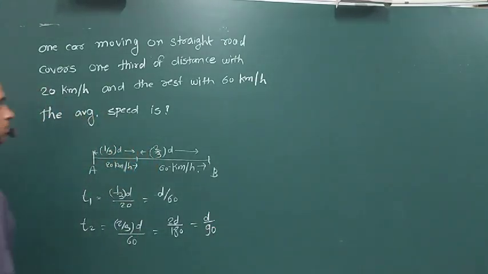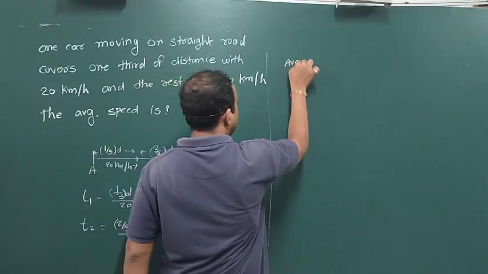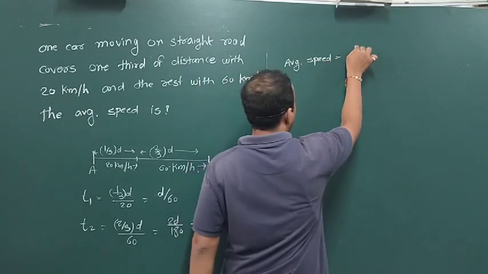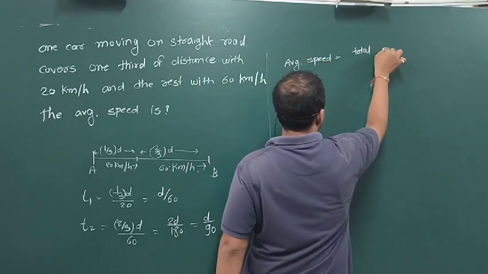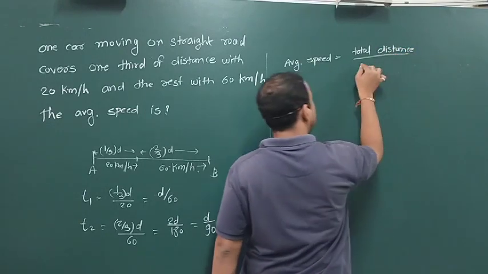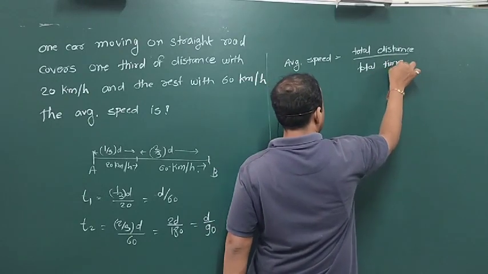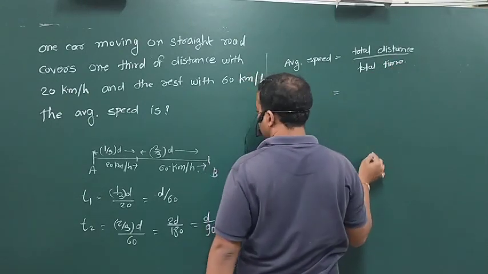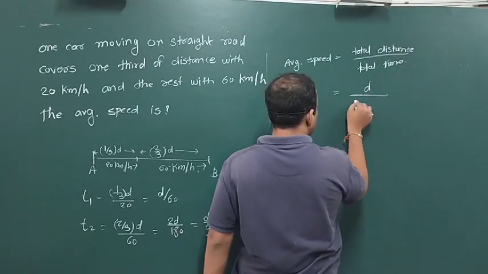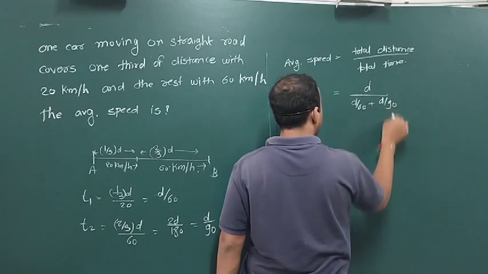Okay, so the average speed is equal to total distance upon total time. So we get total distance d upon total time, d upon 60 plus d upon 90.